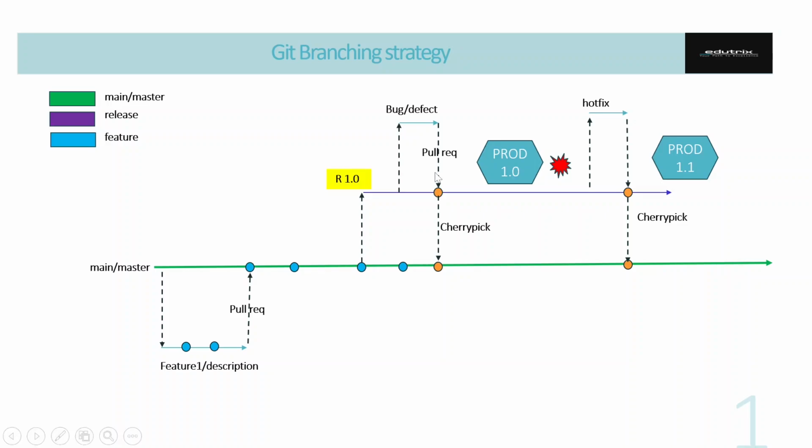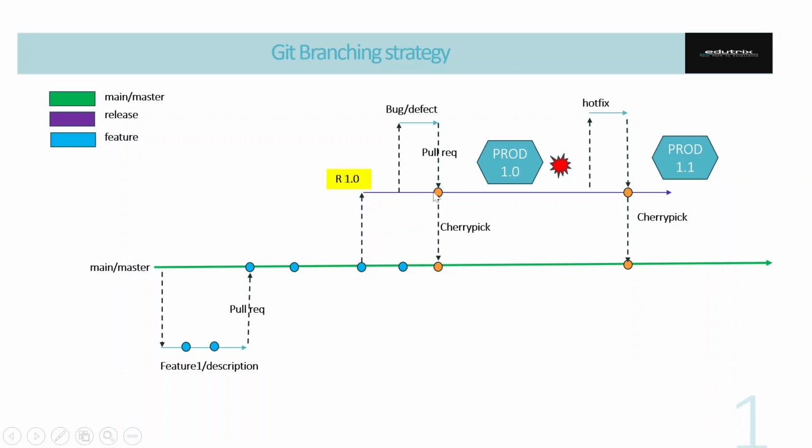When it is committed to the release branch, the code that was developed to fix the bug has to be moved to the main branch as well by using cherry picking. Cherry picking means picking cherries from a cherry tree, not all the cherries.